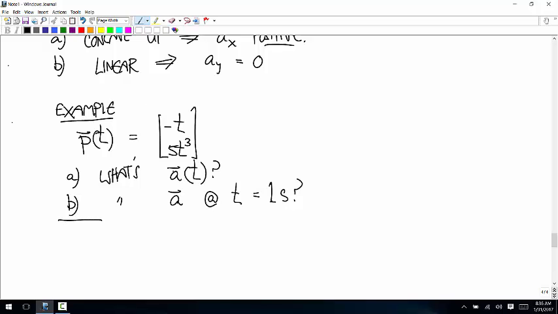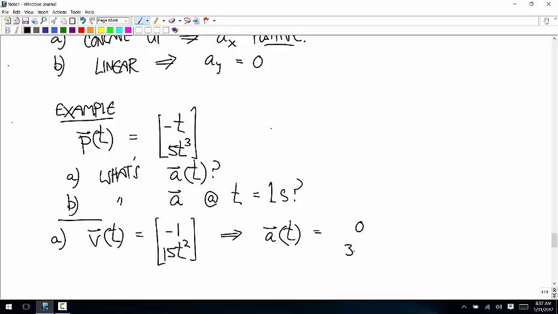Okay, so how are we going to figure out the acceleration as a function of time? Yeah, take two derivatives. So we know that the velocity vector as a function of time is equal to negative 1, 15t squared. And we know that the acceleration as a function of time is the derivative of the velocity with respect to time.